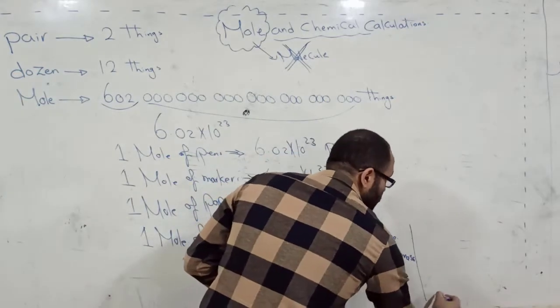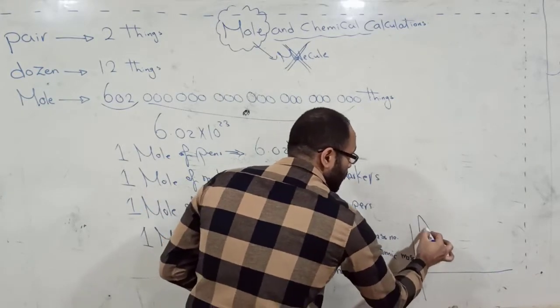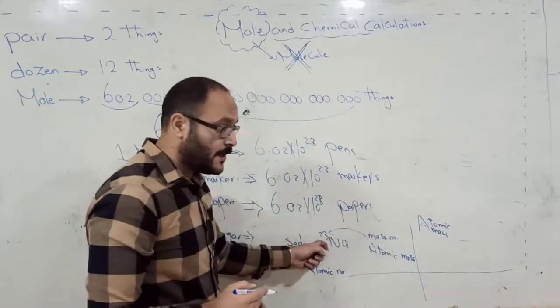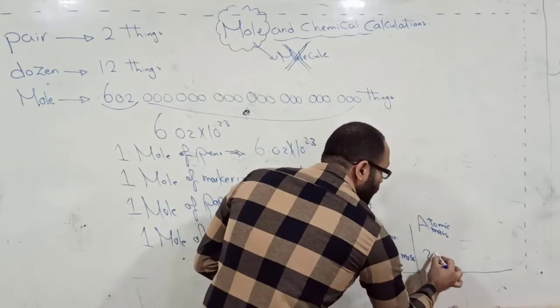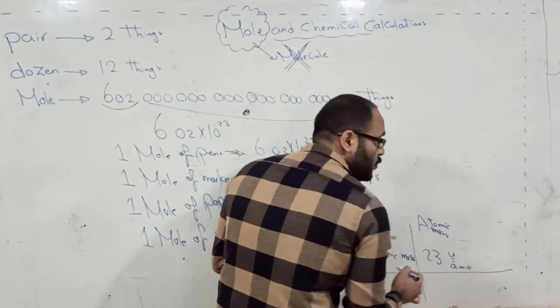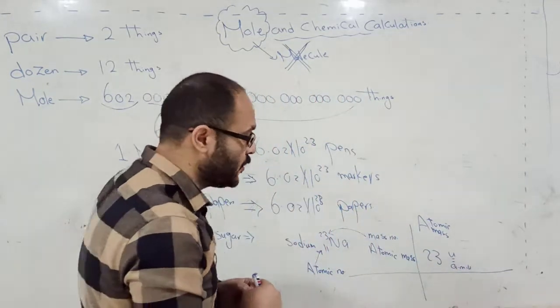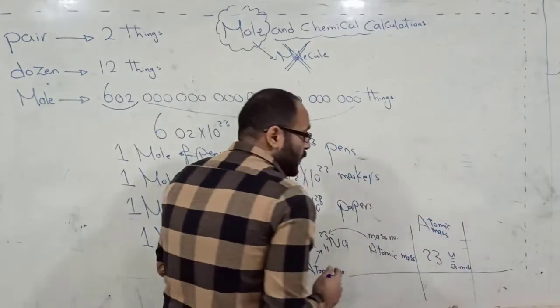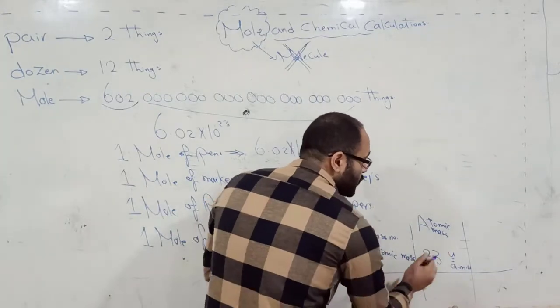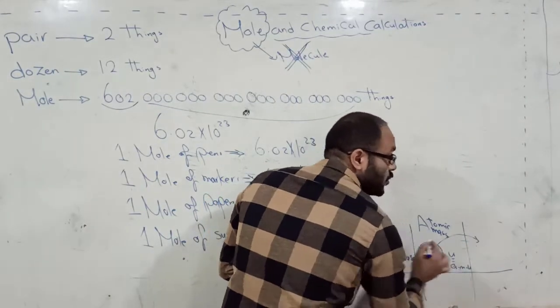The atomic mass of Na is 23 U, or AMU, atomic mass unit. And Avogadro said to take the same number of atomic mass but in grams.